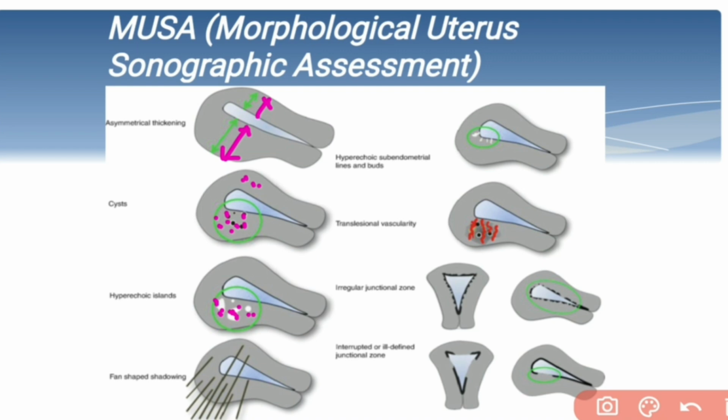The fourth criteria is fan-shaped shadowing that is found in the TVS sonography. Then hyperechoic subendometrial lines and buds. There may be echogenic structures in the subendometrial layer, present as subendometrial lines and buds.